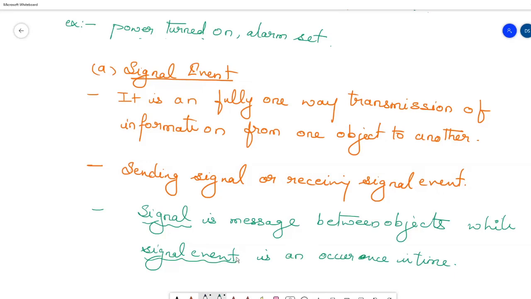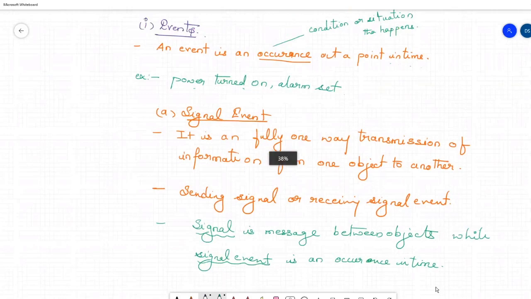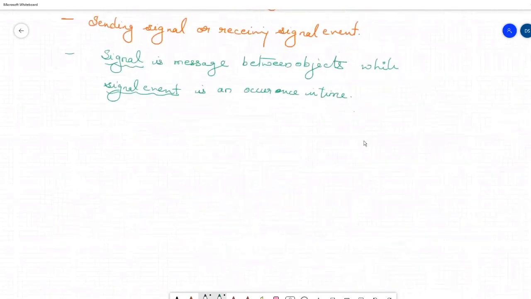So, in every signal transmission, there is a unique occurrence, and we group them into signal classes, and we give each class a name. For example, I'll make a class.